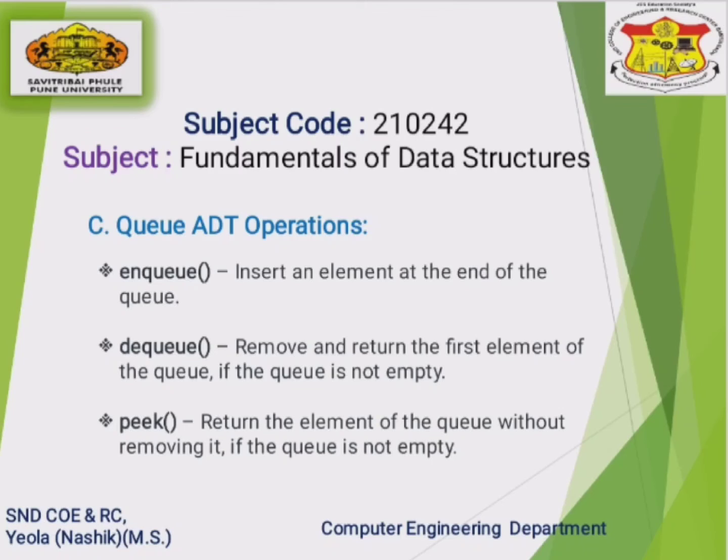Third, queue ADT operations. First, enqueue. Insert an element at the end of the queue. Second, dequeue. Remove and return the first element of the queue if the queue is not empty. Third, peek. Return the element of the queue without removing it if the queue is not empty.